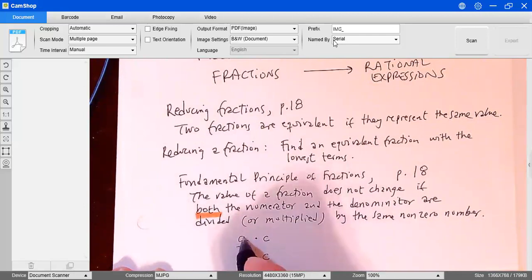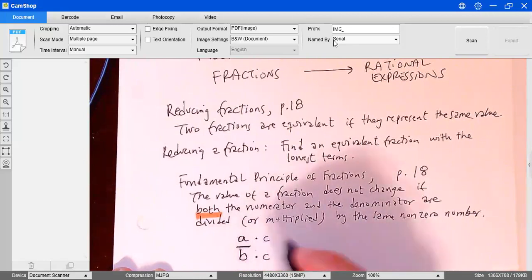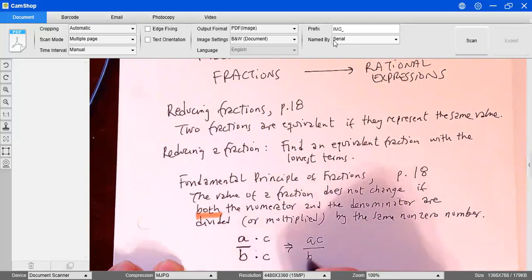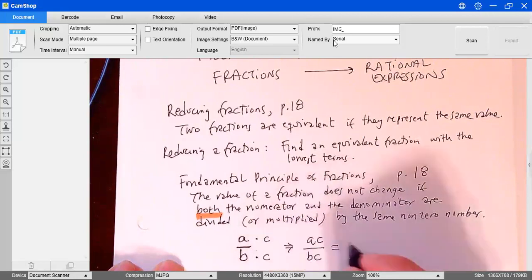The numerator is A in this case, then the fraction bar, and the denominator is B. When you do this, you're going to get AC over BC, and this fraction is equivalent to the original fraction.